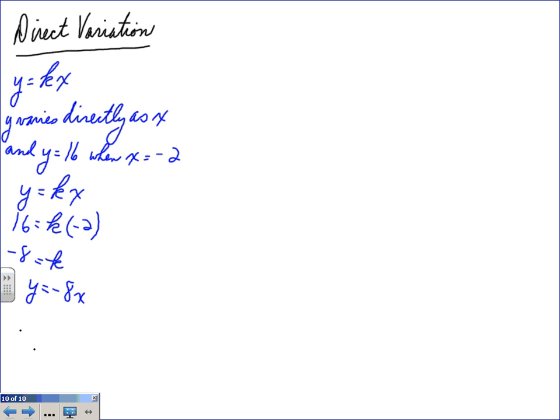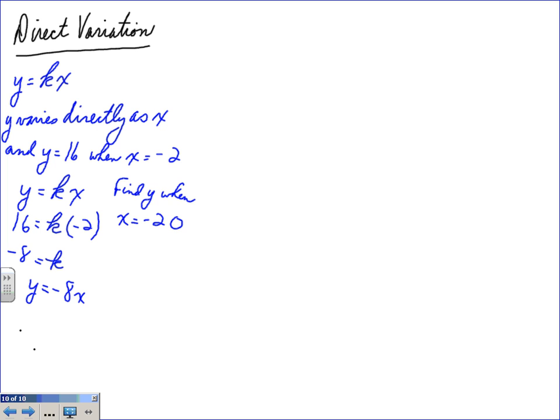Now that I found the constant, because they're going to give you some information where you can find the constant, then they're going to ask you about this equation. Find y, for instance, when x is equal to -20.